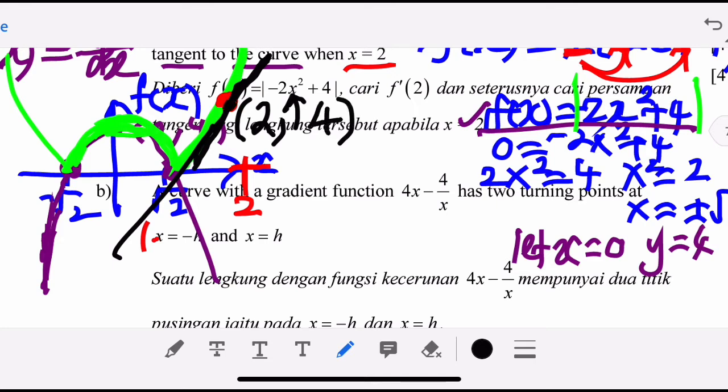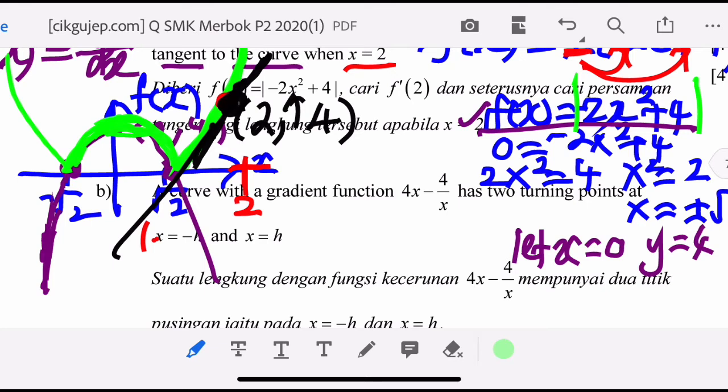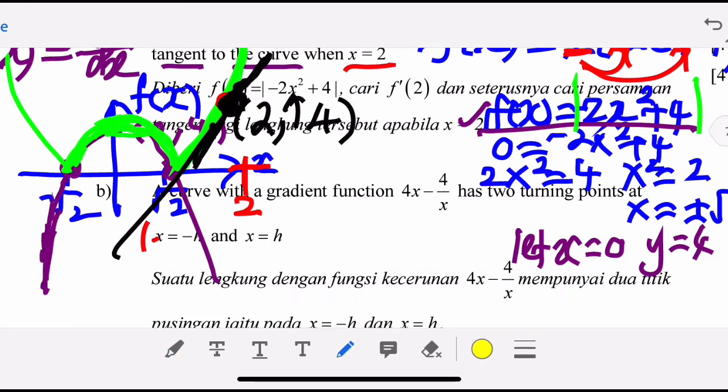I have the point right here, the black point, and the line that passes through the black point is the equation of tangent. Understand? It touches the curve at a point, so this is the line.